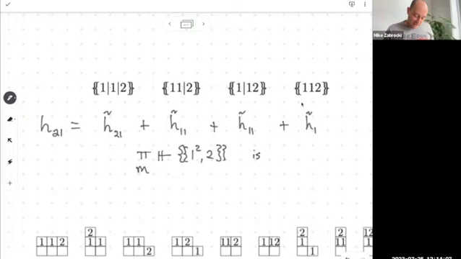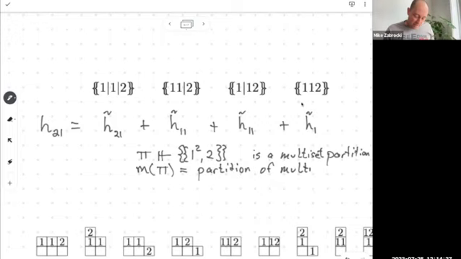So that's my notation for a multiset partition. And I have M pi, which is the partition of multiplicities of the multisets in pi.